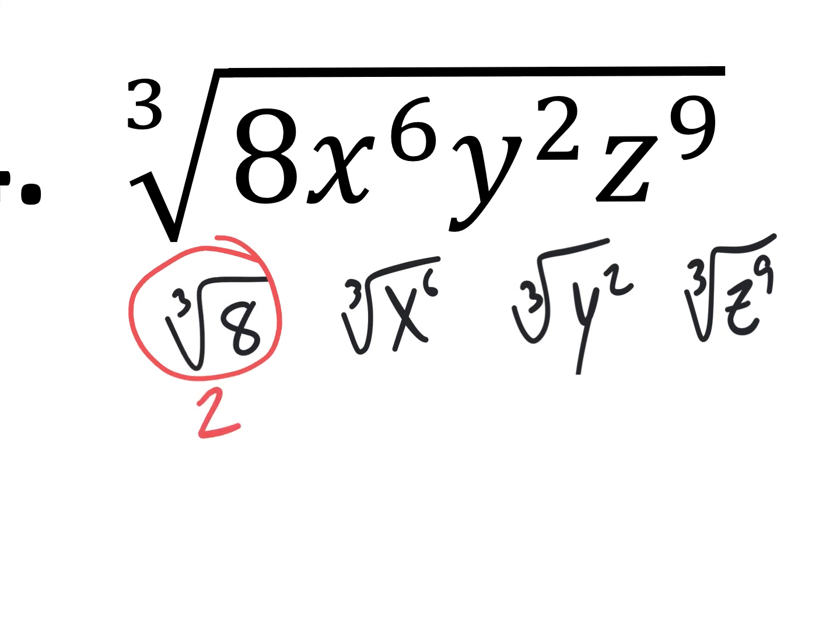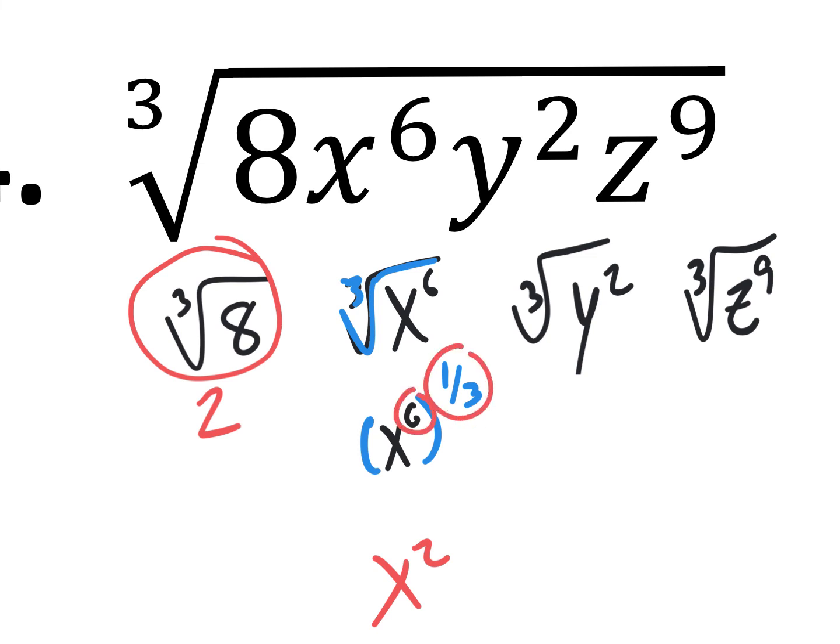No more root, just 2. Okay, 2 times 2 times 2 is 8. How about the next one? I could use the shortcut, power over root, and get what answer? X squared. Okay, or if you didn't want to do that, you wanted to show your work, you could rewrite your 3rd root as the power of 1/3, and you could put your x to the 6 right in there, and then you can multiply power to a power, multiply 6 times 1/3 is the 2 that you have as an exponent.